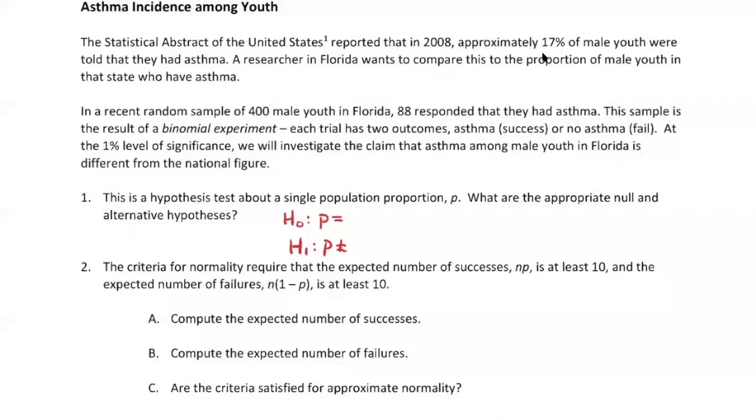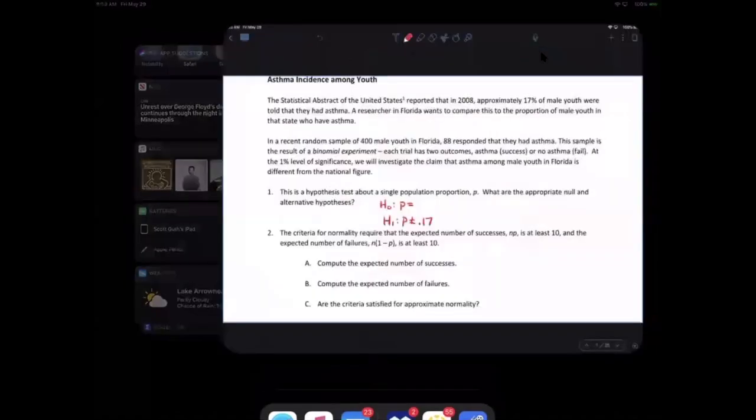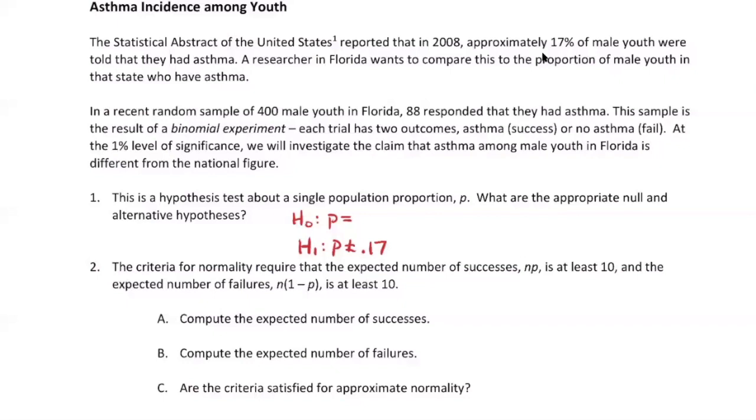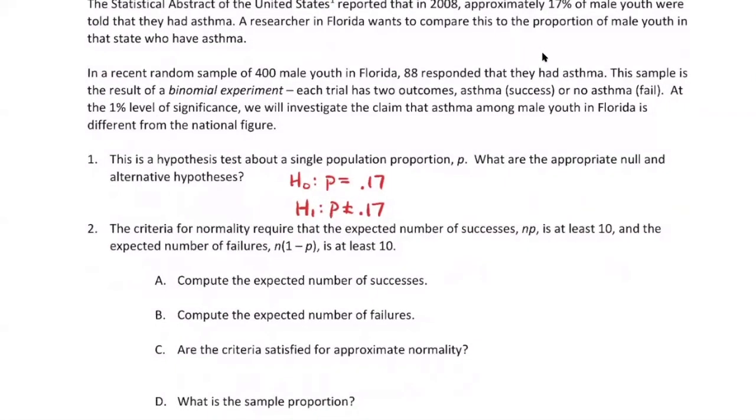The national figure is the 17% reported in the statistical abstract. So the null is p equals 0.17, and the alternative is p is not 0.17. Again, this is one you did on your last test.